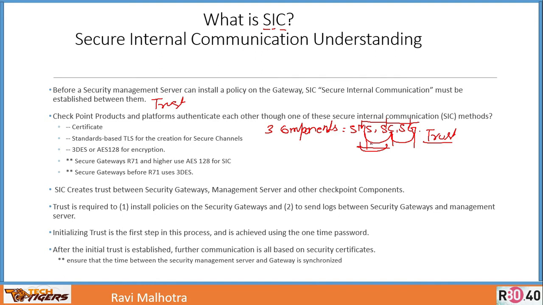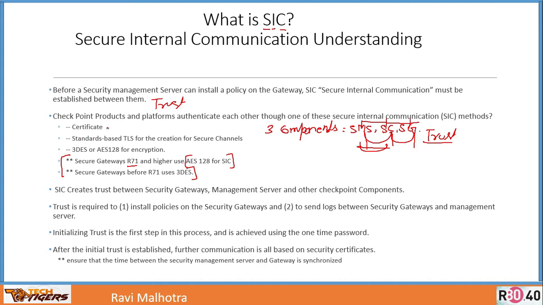And these keys communicate with each other, the public key with the private key in that one pair. These certificates are created using 3DES, AES, or TLS. These are different standards you must be aware of: gateways above R71 use AES-128 for SIC, and gateways prior to R71 use 3DES as the standard.